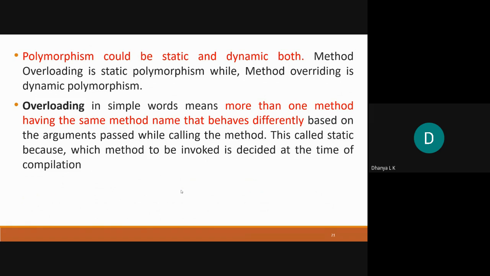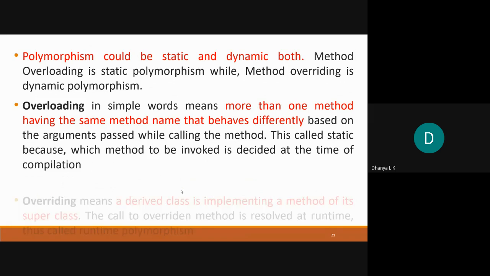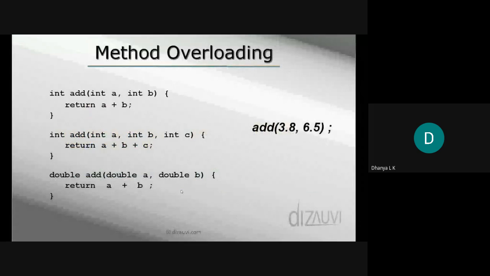You can see this example for overloading. There are three functions of the same name, but the return type, the number of arguments, and the type of arguments are everything different. Their implementation is already defined based on the function call.